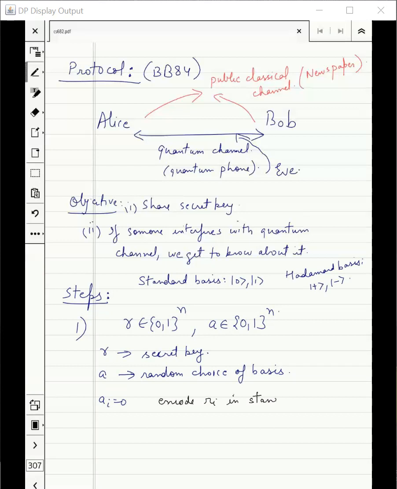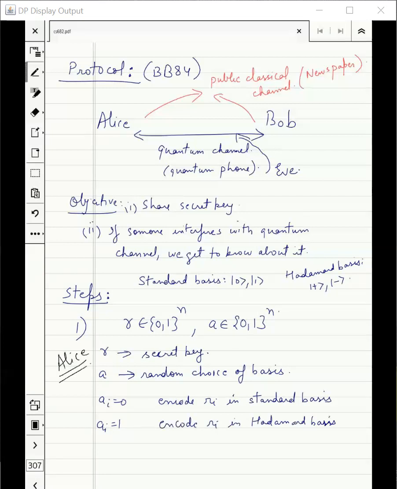That means 0 will become |0⟩ and 1 will become |1⟩. If Ai is 1, then we encode Ri in the Hadamard basis. Or not we, I should say Alice. This is done at Alice's end.